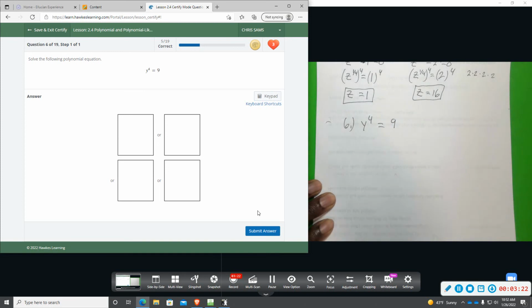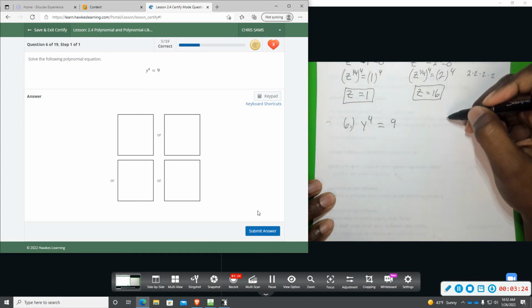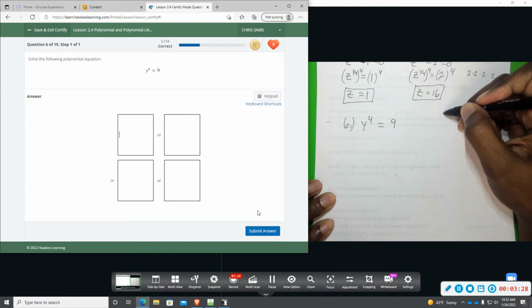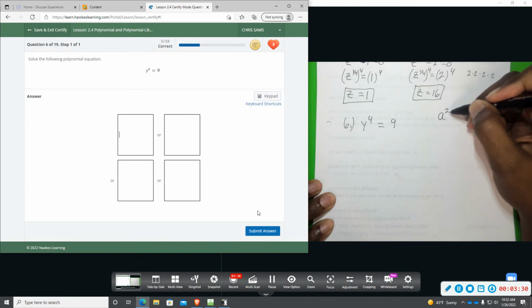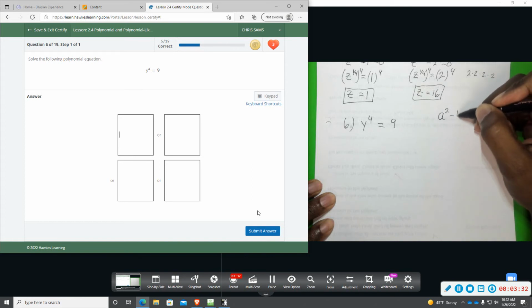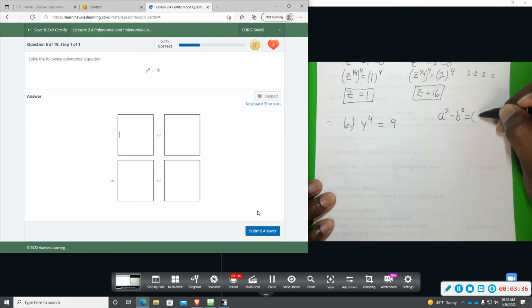So the difference of squares formula is in your content folder. I'm going to write it here though. A squared minus b squared equals, the factor form is a plus b, and then a minus b.